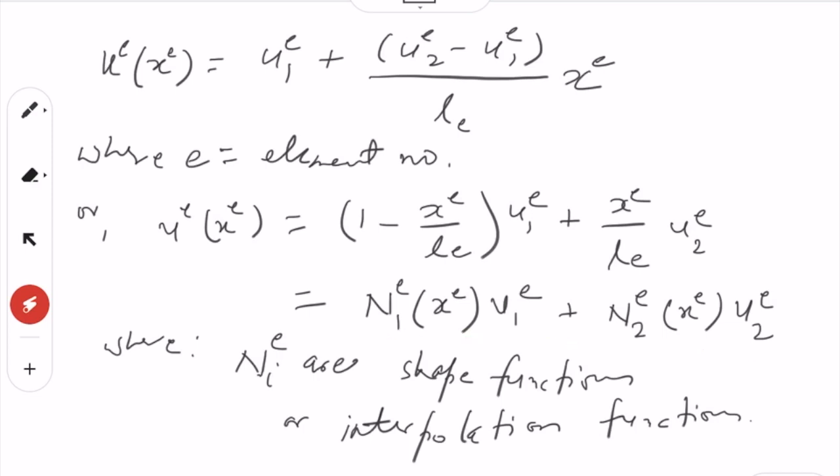This is a piecewise polynomial. So, u(x) will have a number of u e values; if you have 3 elements you will have u1, u2, u3. We can compose w also in this way.